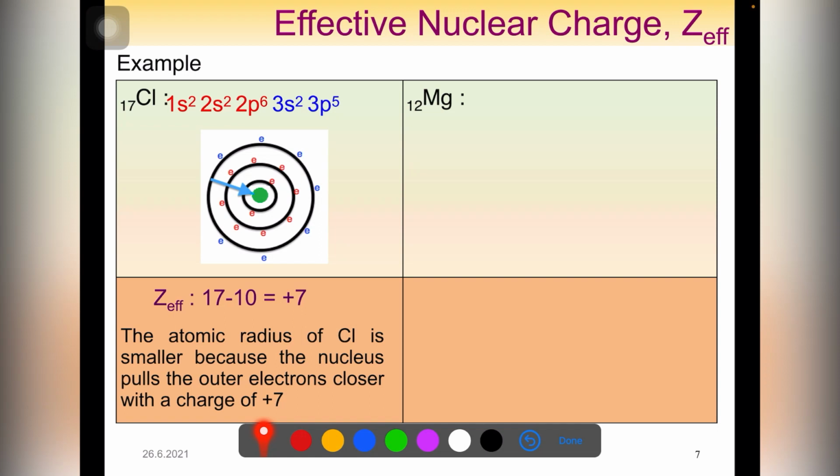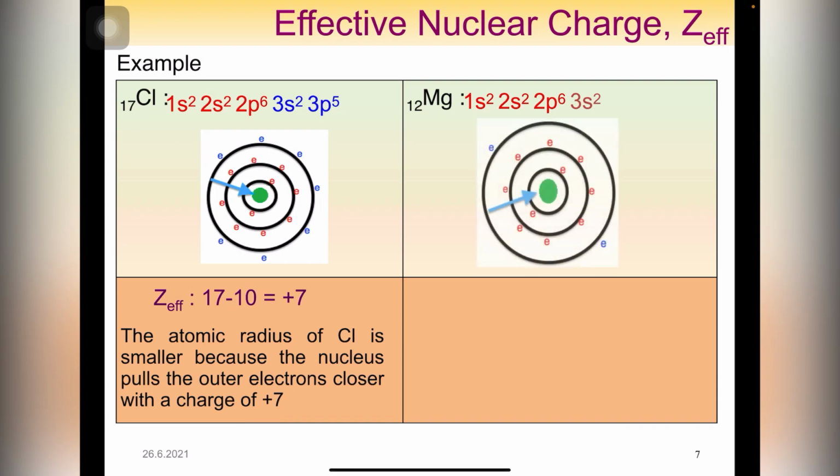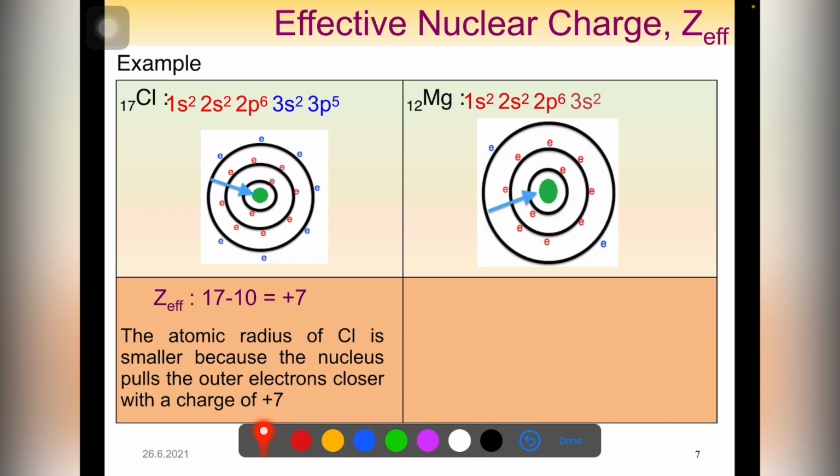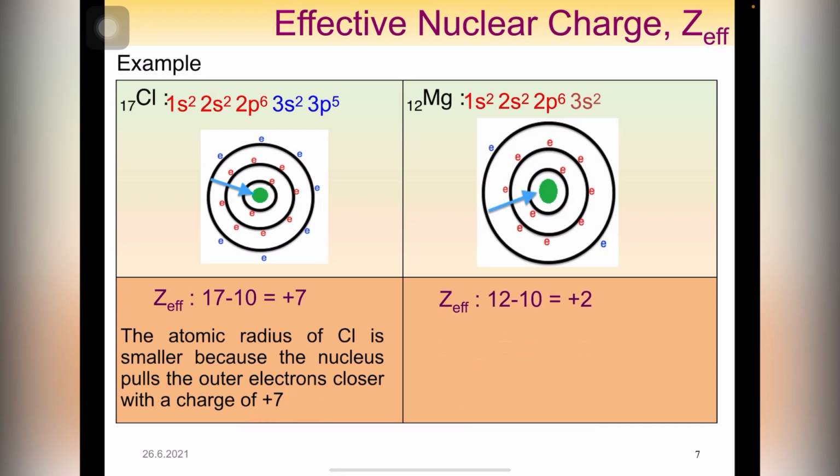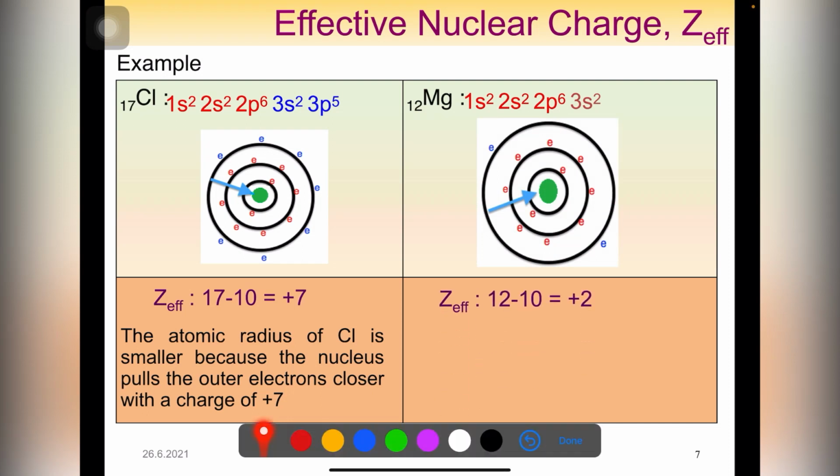Let's see magnesium. This is the electronic configuration for magnesium. You can see that there are 2 outer or valence electrons occupying the 3s orbital. This is the atomic model for magnesium. And Zeff, because it has a proton number of 12 minus 10 inner electrons, is positive 2.